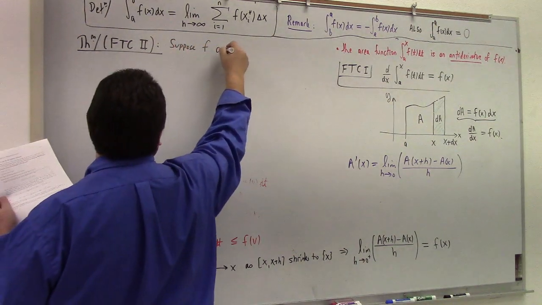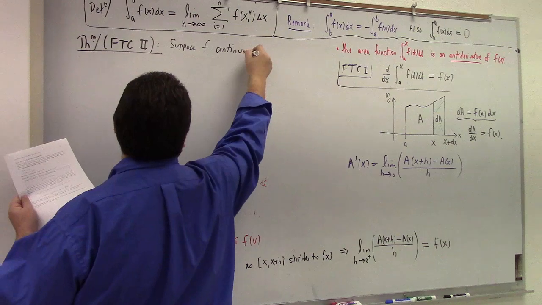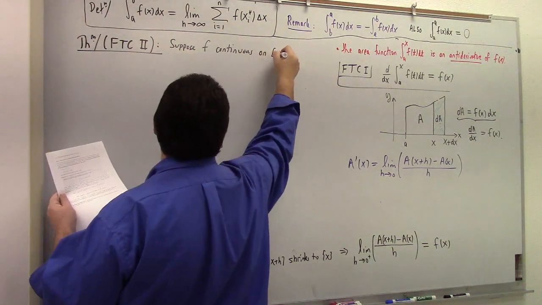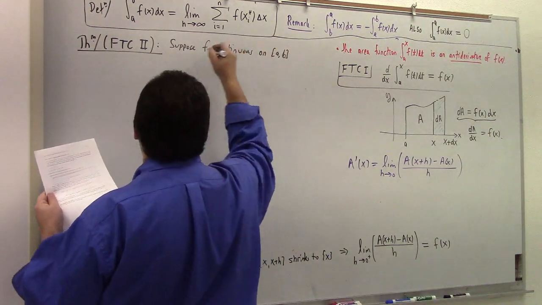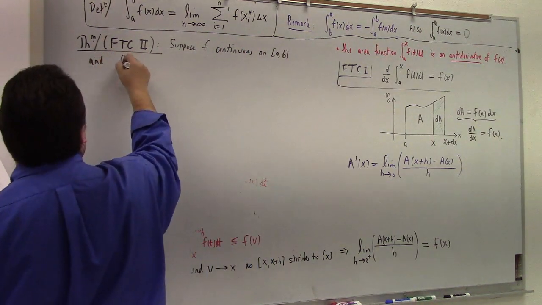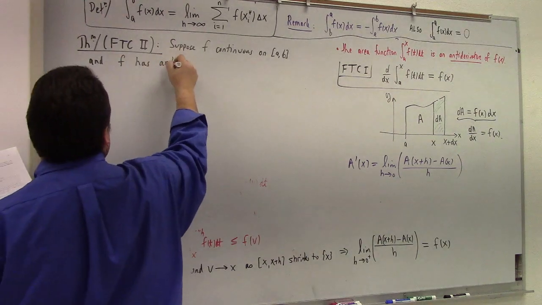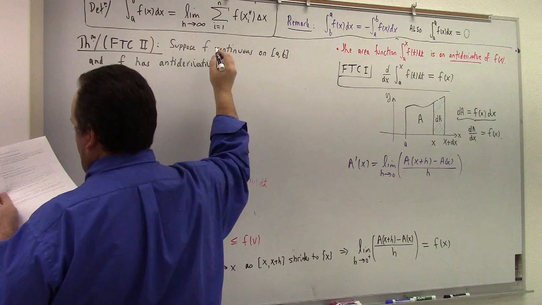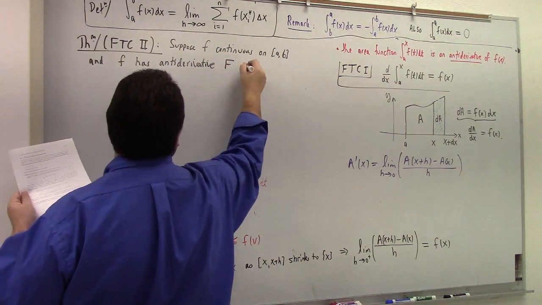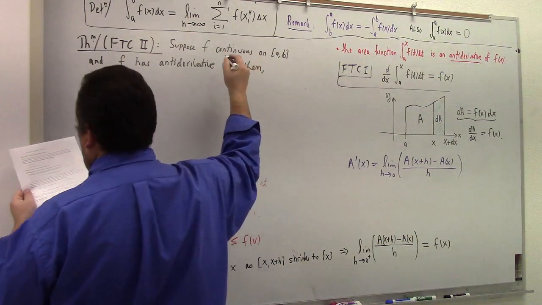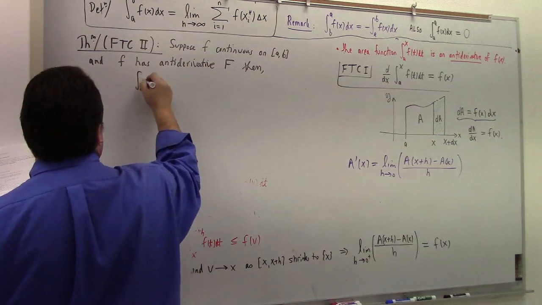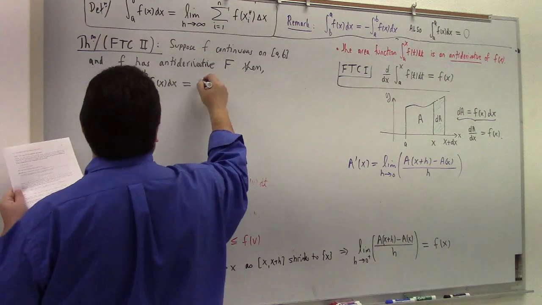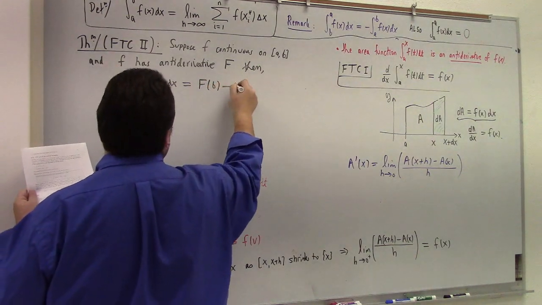Suppose f is continuous on the closed interval from a to b, and f has antiderivative F, then the integral from a to b of f of x dx is exactly F of b minus F of a.